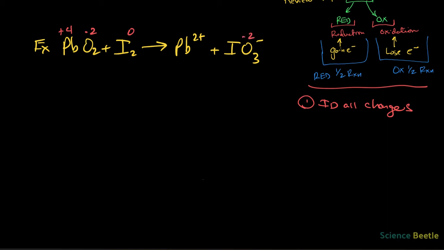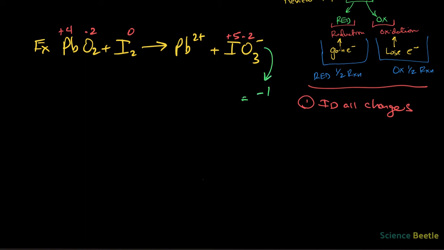Since we have 3 oxygens, -2 times 3 means the whole charge for the oxygens is -6. The total charge of this iodate is going to be -1, so some charge plus -6 is going to give me -1. Clearly the answer has to be +5. How do we do that? Let me show you really quick. The way you check this out, this is going to be a -1 charge.